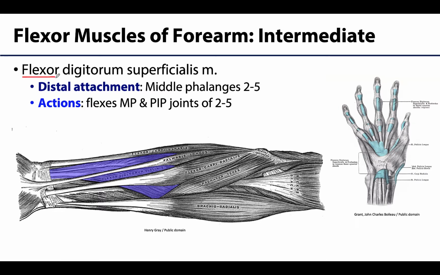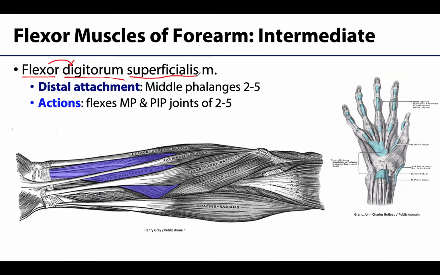Flexor, so it's telling you what type of action will occur with contraction here. Flexion of digitorum, meaning digit, so we're flexing the digits. And it is superficial, because we will have a deeper version of this muscle, or they'll be pretty similar in terms of where it is heading.